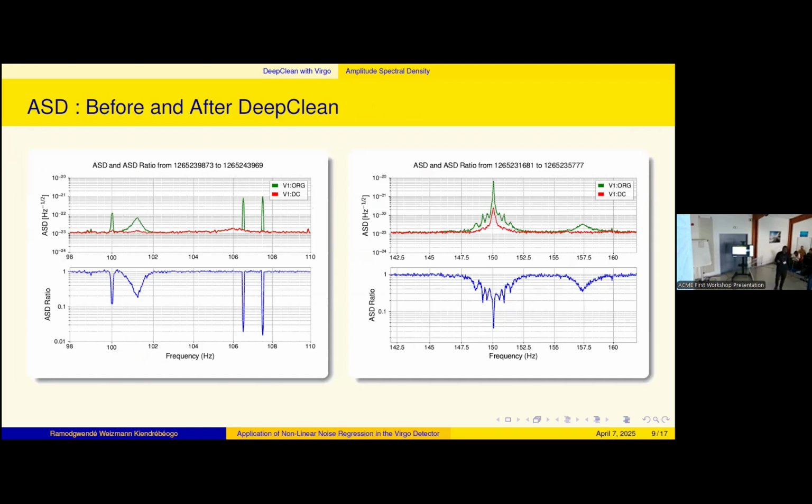The green curve shows the original data, and the red one shows the data after the clean process. The blue one is the ratio between both signals. On the right side is the frequency band around 150 Hertz. As we can see, DeepClean was able to remove a large part of the noise.